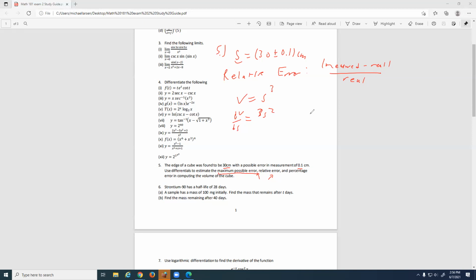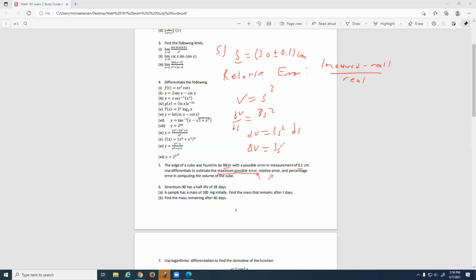From there, we can multiply both sides by ds, right? And we'll get dV equals 3s squared times ds. So dV is an infinitesimally small change in V. Same thing with ds. We can replace those d's with deltas.